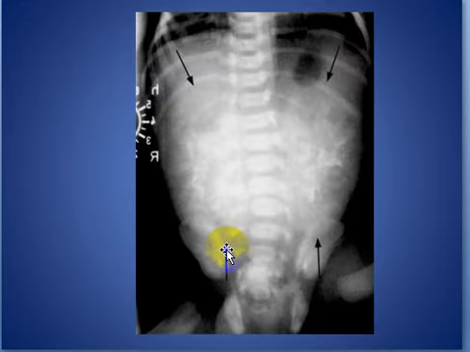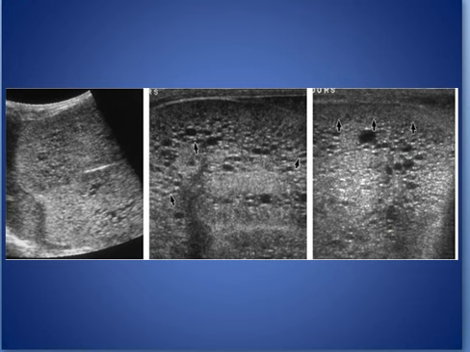Here, this is the IVU in a patient with autosomal recessive polycystic renal disease, demonstrating excretion of the contrast with both kidneys enlarged and a distorted pelvicalyceal system with striated nephrograms.